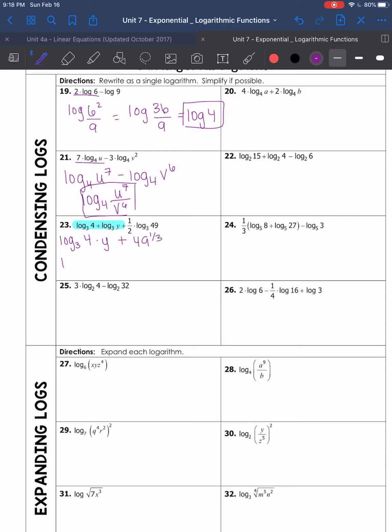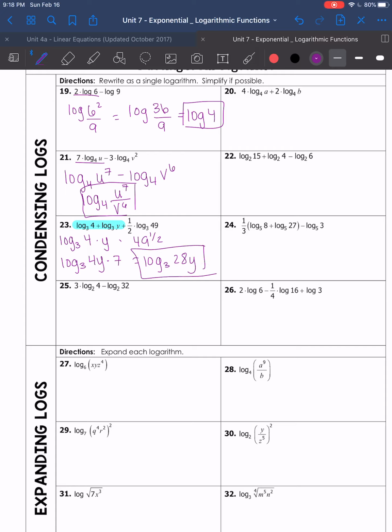So I get log base 3 of 4y plus, oh, this is supposed to be a half, not a 3. Oops. Times 7, not plus 7. I wrote plus because I was just copying, but it's supposed to be times. So I get log base 3 of 28y.